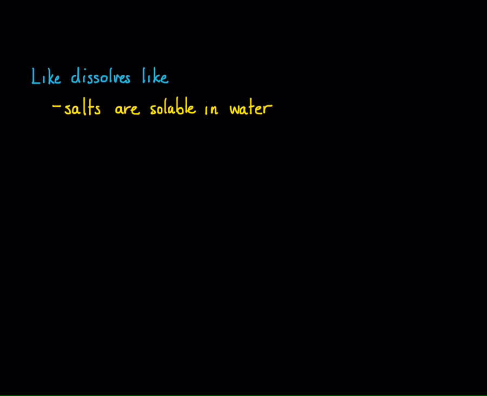But I want to show you a little trend, and this is something that I think students tend to miss out on. They see that maybe they're looking at some compound and it's a salt, and so they say, oh, it's going to be soluble in everything, or in polar solvents. It's going to be soluble in water.